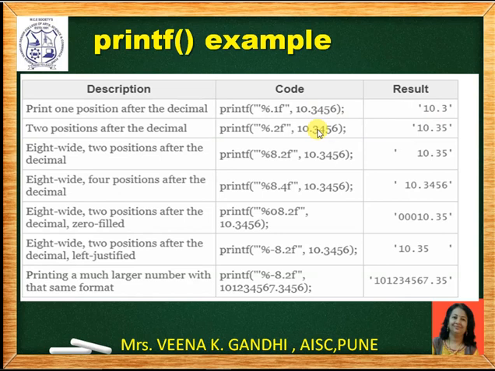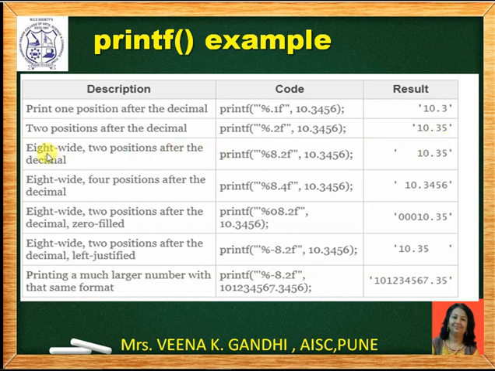If you want to display only two positions after the decimal point, then you can give %.2f. Here the number is 10.3456, but we want to display only two decimal places. So after 4 comes 5 or more, so the 4 will be rounded to 5. So 10.35 will be displayed.